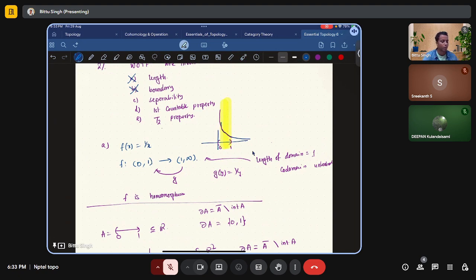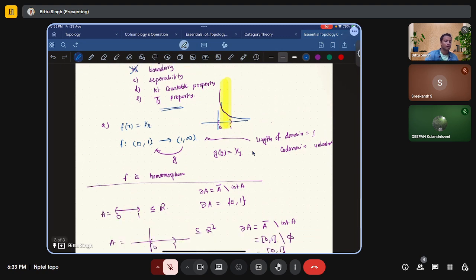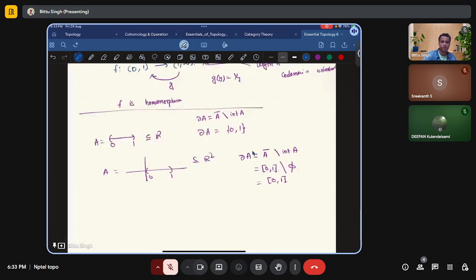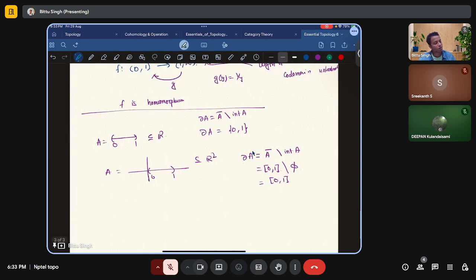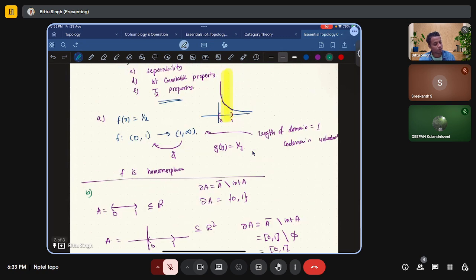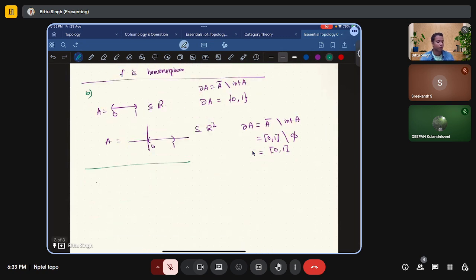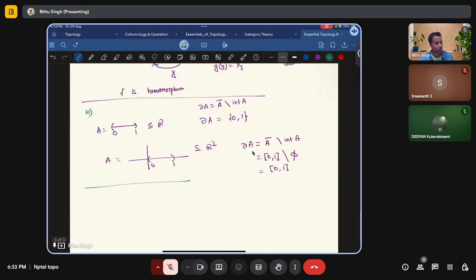Now, what about this T2 property? We have earlier seen that the Hausdorff property should be preserved, right? This is for option B, for A, of option E. So f is a homeomorphism. Suppose X is Hausdorff. Hausdorff is denoted as the T2 property.